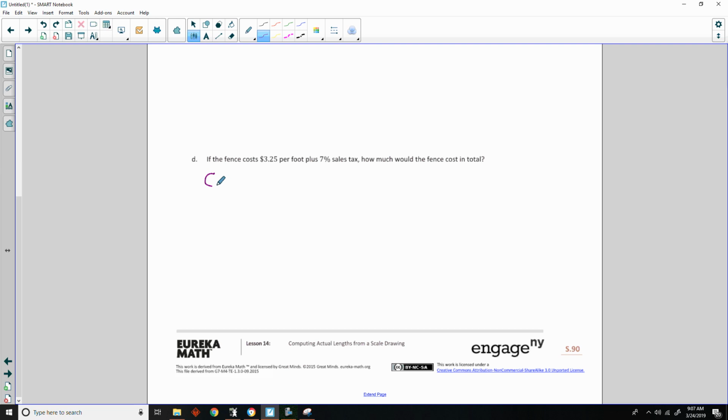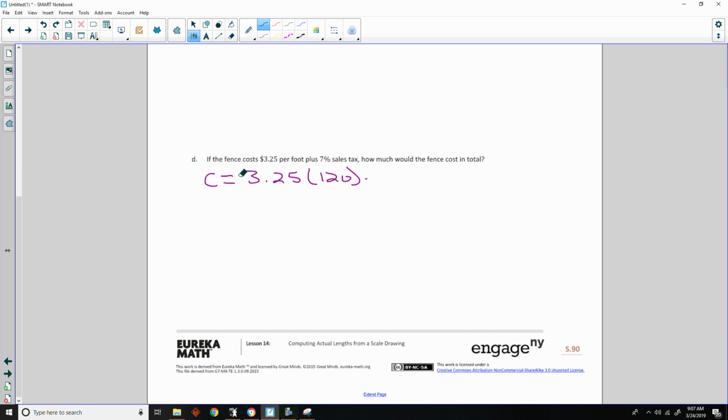So the total cost is the amount of fence times the price per foot, which is 3.25 times the number of feet, which was 120, plus 7% of that. So I can multiply that whole thing by 107% or do it individually. Let's calculate the cost first.